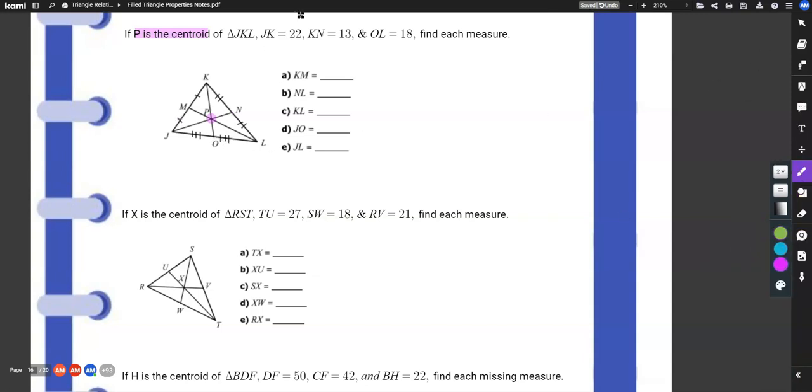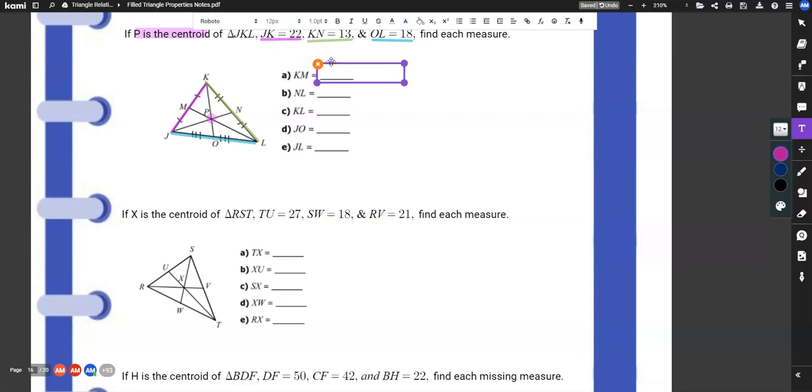So this is us using the medians to find side lengths. Right? So first off, they give me JK is 22. They tell me that KN is going to be 13. It's going to be on this whole side. And OL is 18. And we're going to find each measure. So then we're going to look here at KM. KM is half of JK.